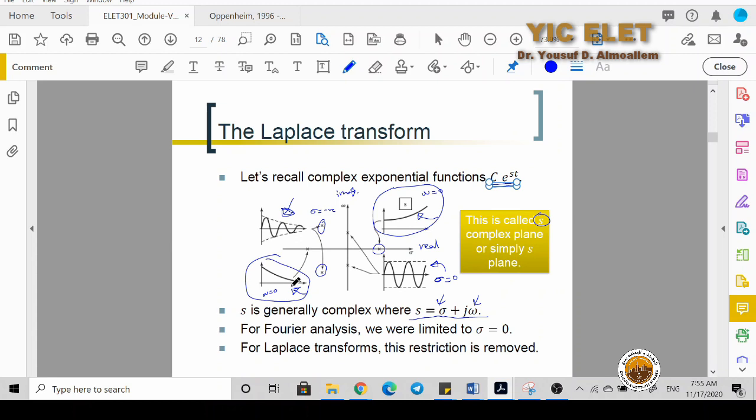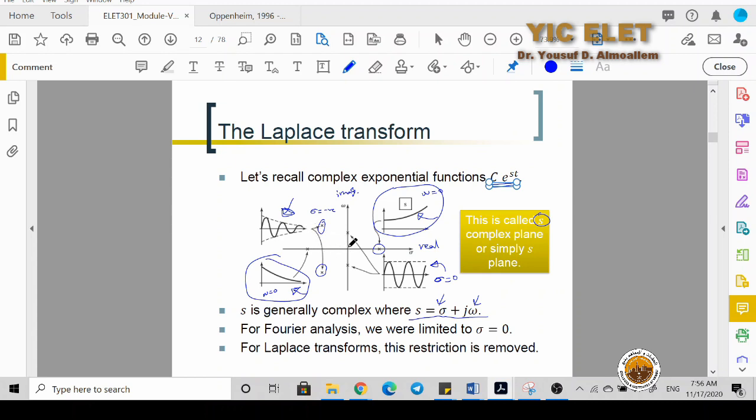This is the first part. Second part, if we had negative sigma, it doesn't matter whether omega is positive or negative, it will be decaying in this way.